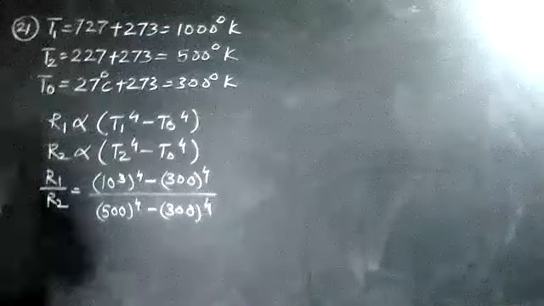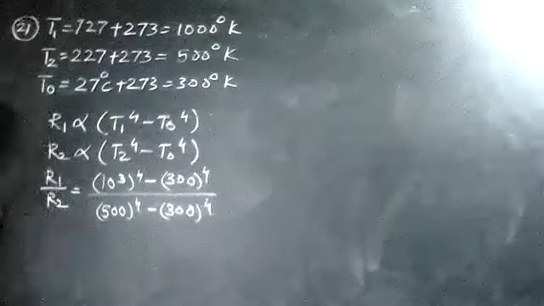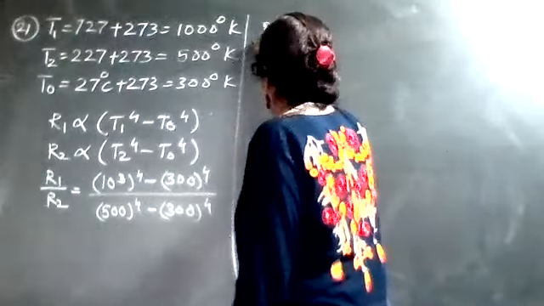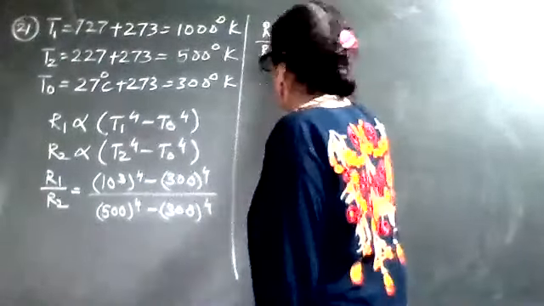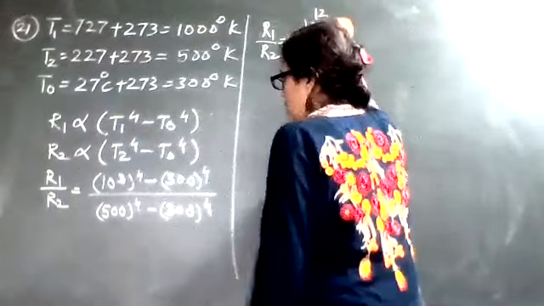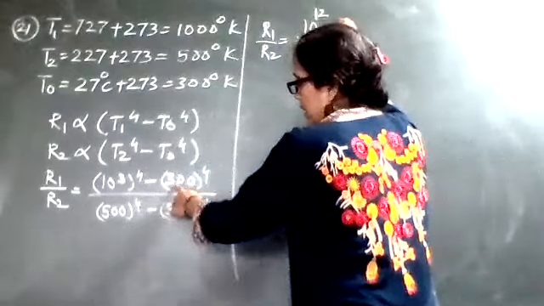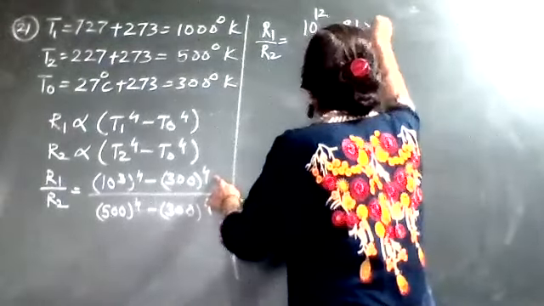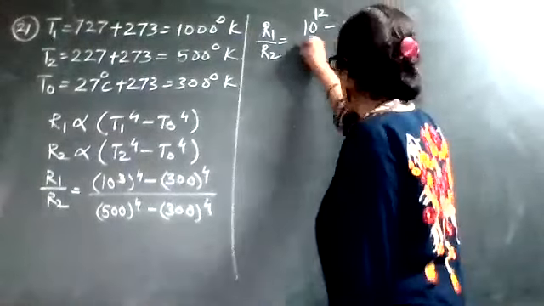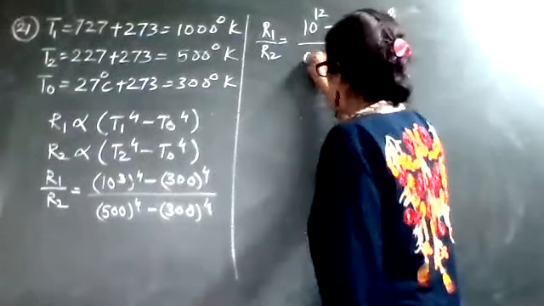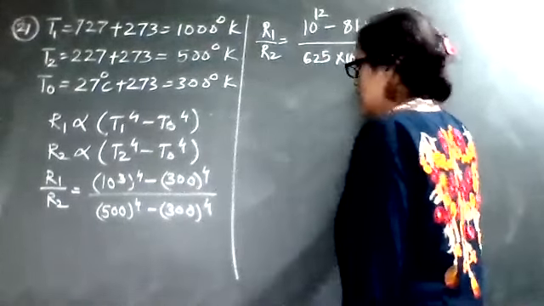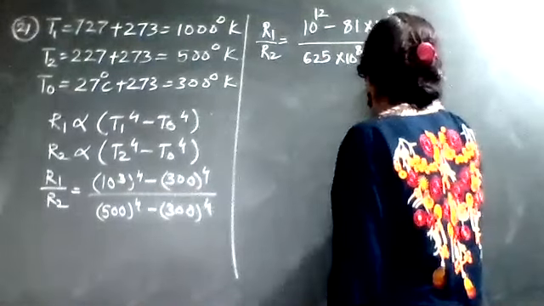And then you have to do this particular calculation. So now I will write down R1 upon R2 is equal to, here the power will come 10 raised to 12 minus 9 raised to 4, that is 81 multiplied by 10 raised to 2, divided by 625 into 10 raised to 8 minus 81 into 10 raised to 2.